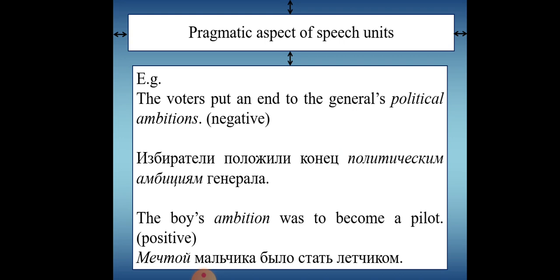Избиратели положили конец политическим амбициям генерала. Ambitsia retains the negative implication of the original in the sentence. In the second sentence, the boy's ambition was to become a pilot. Мечтой мальчика было стать летчиком. In the second sentence, we cannot translate it as ambitsia. So the word ambitsia in Russian has negative meaning. That's why we use here the word мечта.